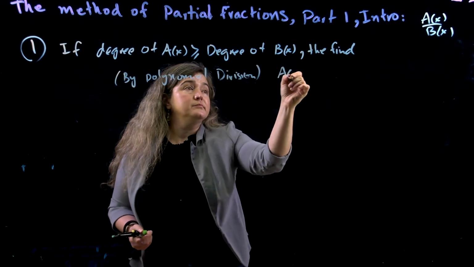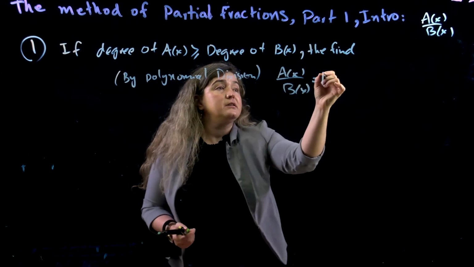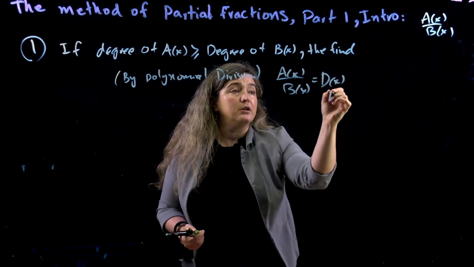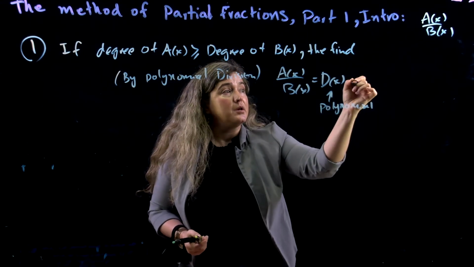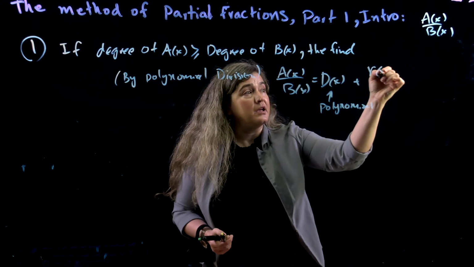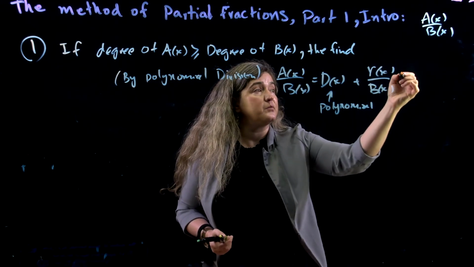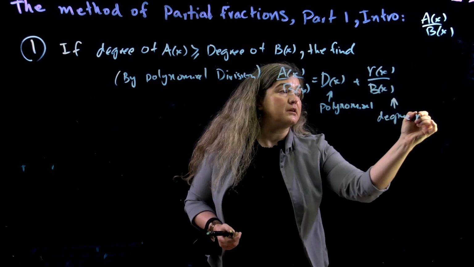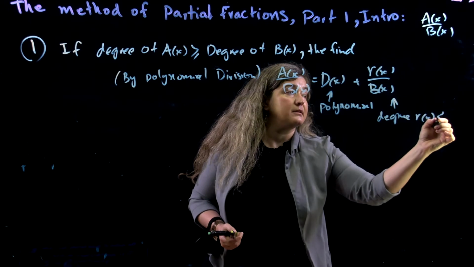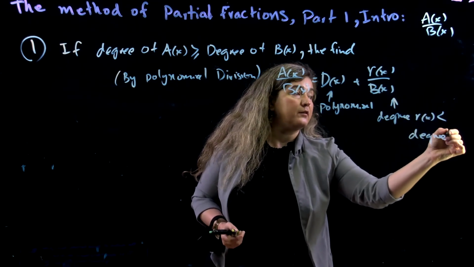d of x, a polynomial, plus r of x over b of x, where the degree of r of x is less than the degree of b of x.